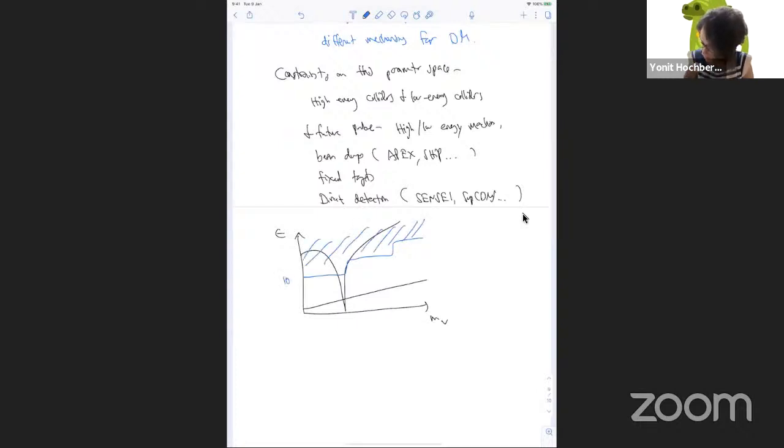Roughly, you should think of epsilon as smaller than 10 to the minus 3 or 10 to the minus 2-ish, depending on the mass, and this is usually changing at a few hundred, let's say 600 MeV. And also over here, there's a jump at 10 GeV in terms of the existing bounds on this parameter space.